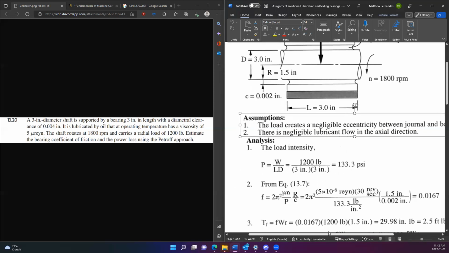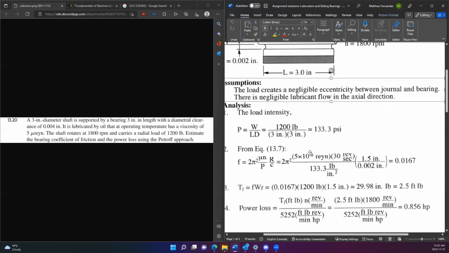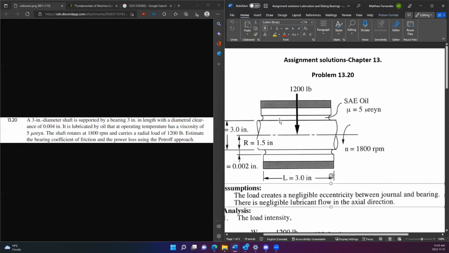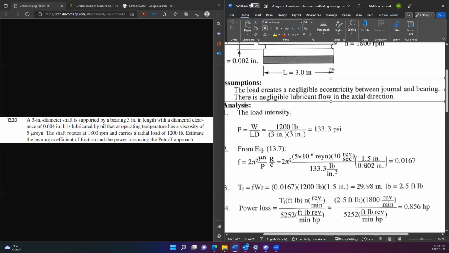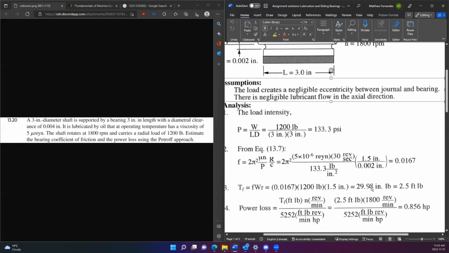And now we're going to calculate our friction loss, our frictional torque, or T_f value. So T_f equals f W R. You have these values again: 1,200 pounds from the question, 0.0167 that's here, and 1.5 for your radius. Multiply all together, you get 29.98 inch-pounds.